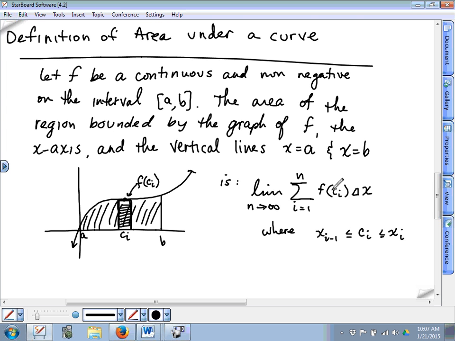So that's what this means right here, f of ci. That's just the height of each rectangle. Delta x, that's the width of each subinterval.